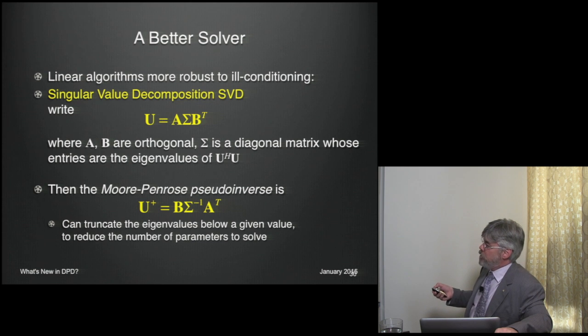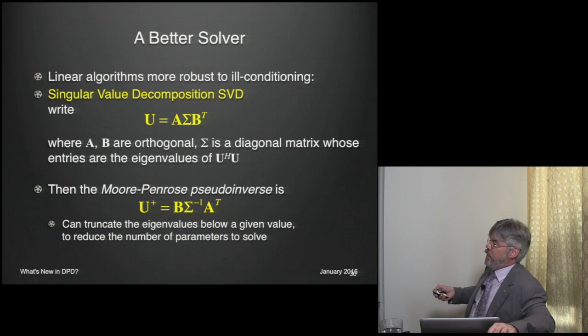Singular value decomposition is extremely robust to ill conditioning. It works in a lot of very unfriendly conditions. And this is a math, but I don't need to go through all that. But essentially, it calculates a diagonal matrix whose entries are the eigenvalues of that product of the original U matrix, which is one of the features you're trying to calculate.